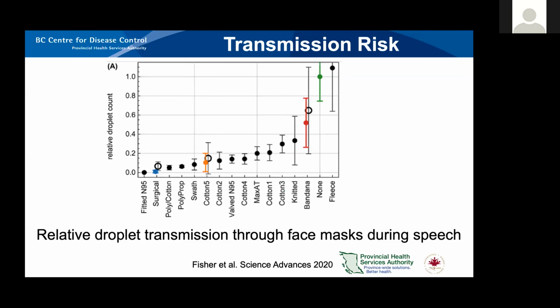And you see on the left that a fitted N95 is the best, but a surgical mask is very close to that. And then you see this graded benefit of various masks, and you can see that fundamentally the risk of transmitting a droplet or receiving a droplet is possible when you're using a mask. And you could argue about the efficacy, but a mask is better than no mask.